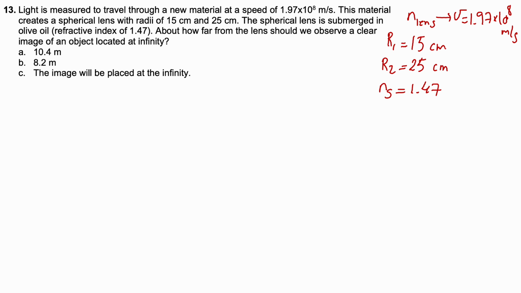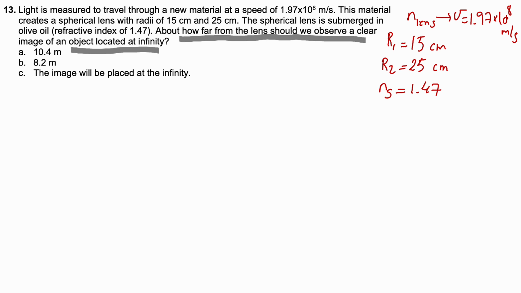And they're asking how far from the lens we can observe a clear image located at infinity. Let me talk a little about this sentence, where they ask how far from the lens we observe a clear image at infinity.